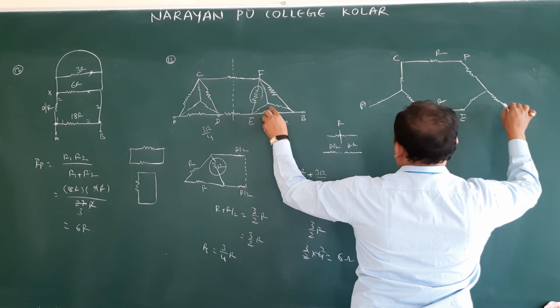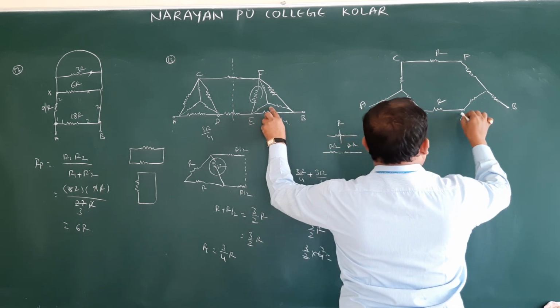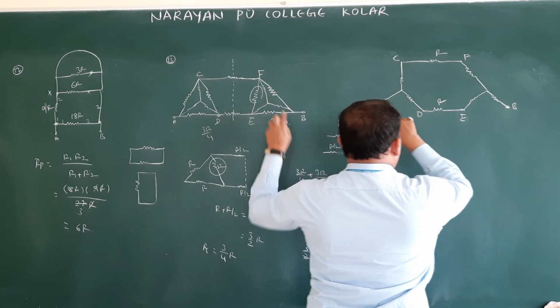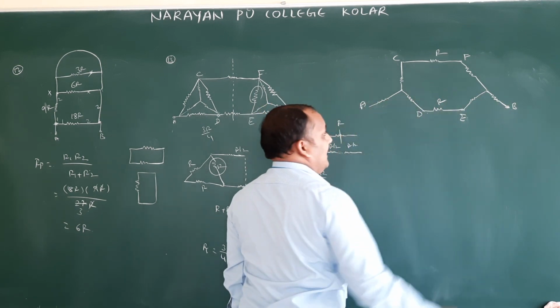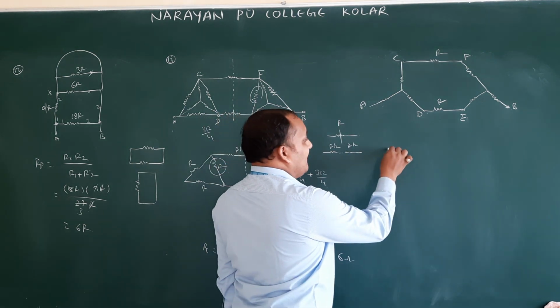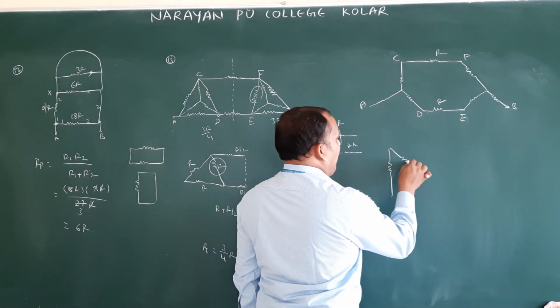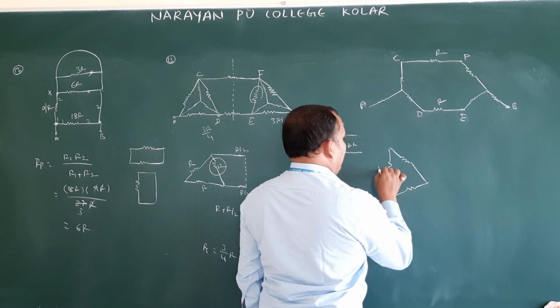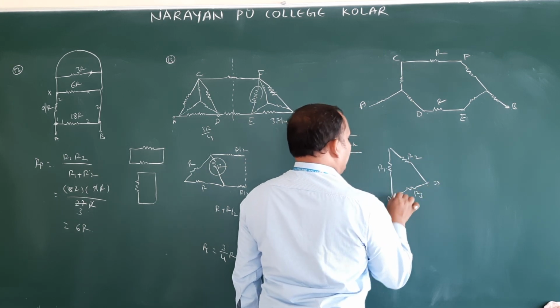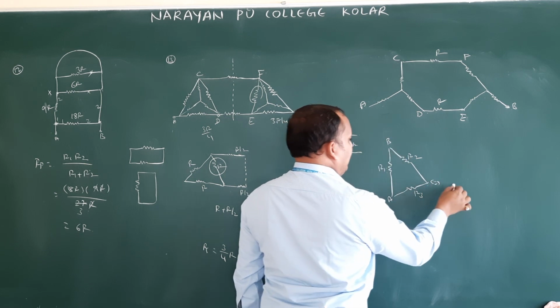This is B. This is F. Now we have to find the resistance between A and B. This is R, this is R. Now what are these values? I gave you the formula like this: R1, R2, R3. Whenever it is going to become like this, A, B, C.